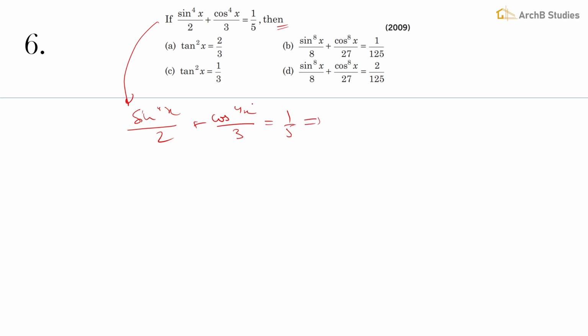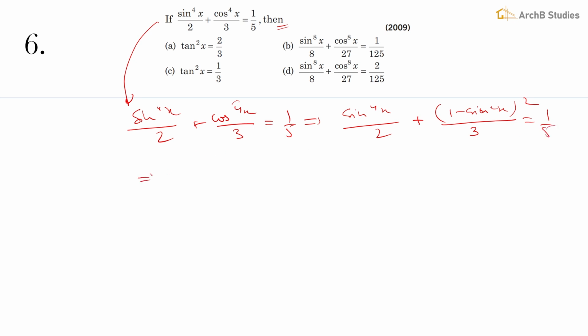Writing cos in the form of sine: sin^4 x upon 2, this will be the same, plus if we convert this into sine, we will get (1 minus sin^2 x) whole square upon 3, which is equal to 1 by 5.